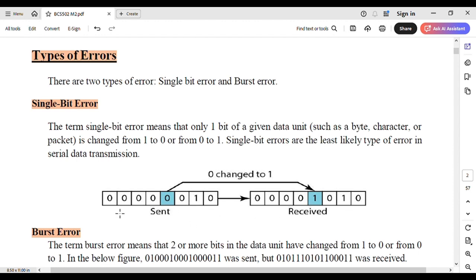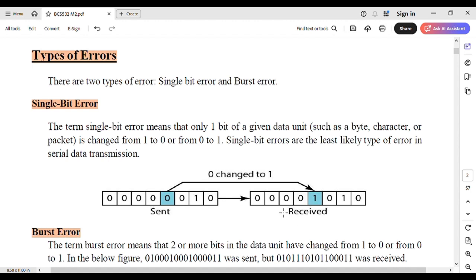We have sent the data 00000010 to the receiver, and in this unreliable channel, the transmission medium may have several problems or faults. So there is a chance that the information is altered and then received at the receiver.